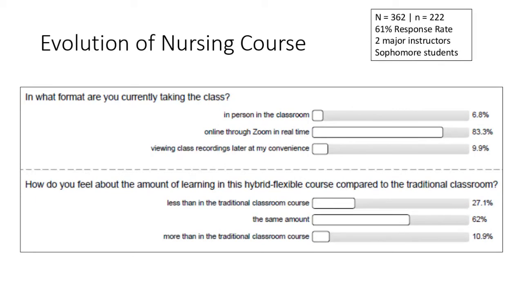So like 27% of them are saying learning less than in the traditional classroom, but then there's the majority of them, about 62%, are saying they are learning the same amount. And there's a small group of about 11% who say, I'm learning more than I would in the traditional classroom course. So very interesting.